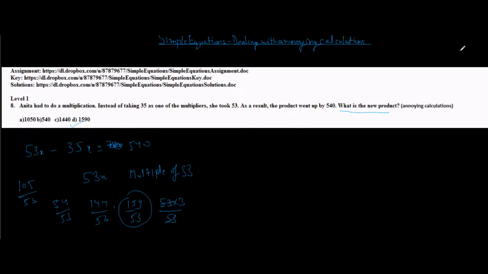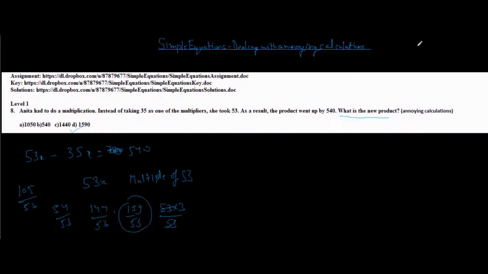Let's go back and have a review of all the problems which we did as a part of this video. So the first problem we did was Anita doing a multiplication. We were able to do it quickly because we looked at what is being asked. We saw that it was asked what is the new product, and from this we inferred that the new product should be a multiple of 53.